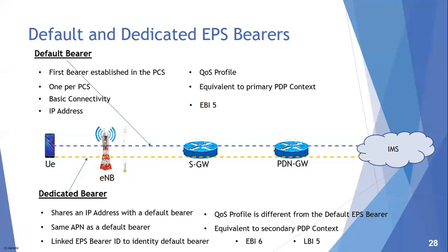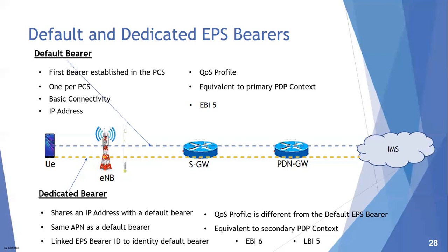So the dedicated bearer will take the same IP address 1.1.1.1, and since they are the same PDN connectivity service, as they are both going to the IMS, they are on the same IMS APN. So the default bearer will be on the same IMS APN, and the dedicated bearer will also be on the same IMS APN. So I give them the same APN or access point name.